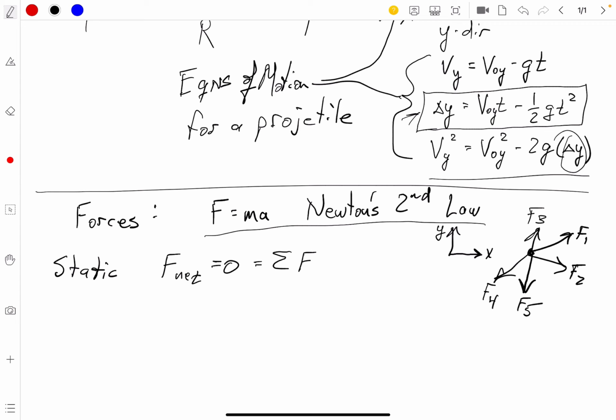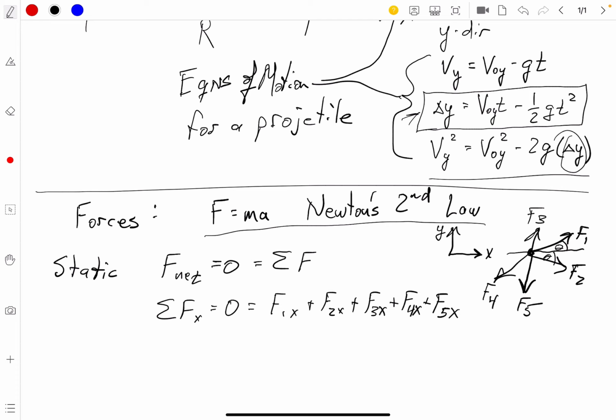And then we have to break all those forces up into the x and y components and add them together. So in the end, we would end up with the sum of the forces in the x direction equal to 0, and that would be f1x plus f2x plus f3x plus f4x, f5x, okay? And all of these have an angle, right? There's an angle here for each one.